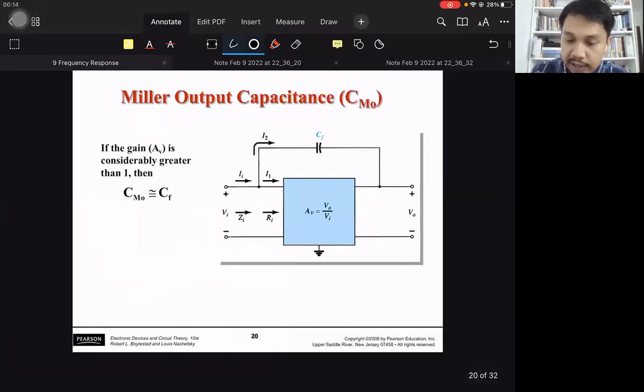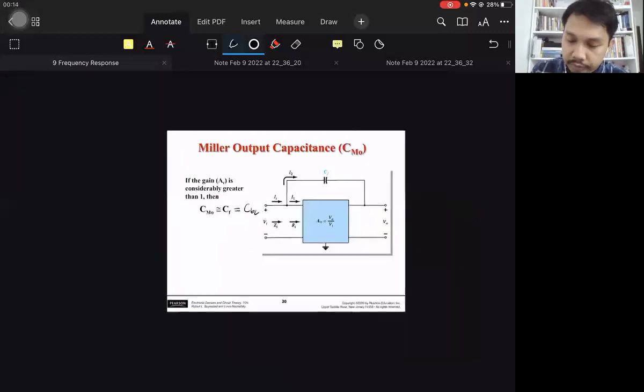The same goes for the Miller output capacitance. If the gain is considerably greater than 1, then CMO is equal to CF, which is equal to CBC.